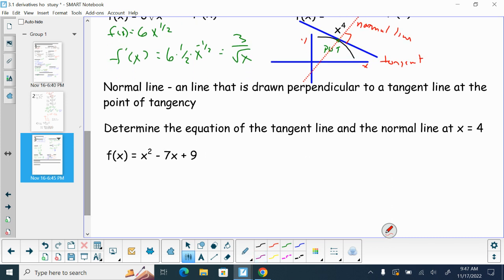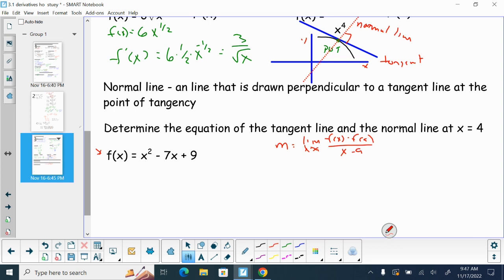Determine the equation of the tangent line and normal line at x equals 4. Okay, we have a function here. Now, what we've done up till now is find slopes of tangent lines, defined as the limit as x approaches a of f of x minus f of a over x minus a.